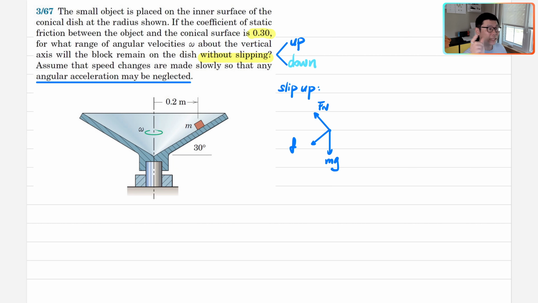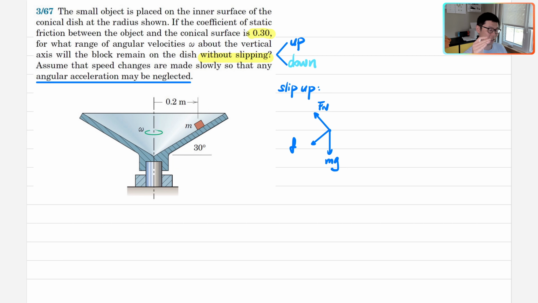And in a spinning or circular motion scenario, the nt system is the one that you want. Now, if you recall the car on the track example we did in class, where do we set up the nt system in this case? Remember, t should be tangential to the motion, and n will be perpendicular to that.